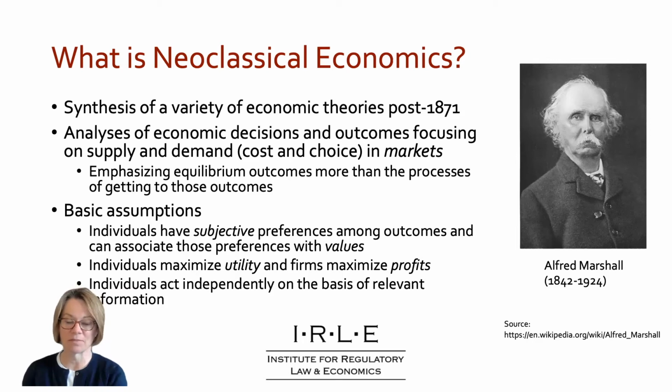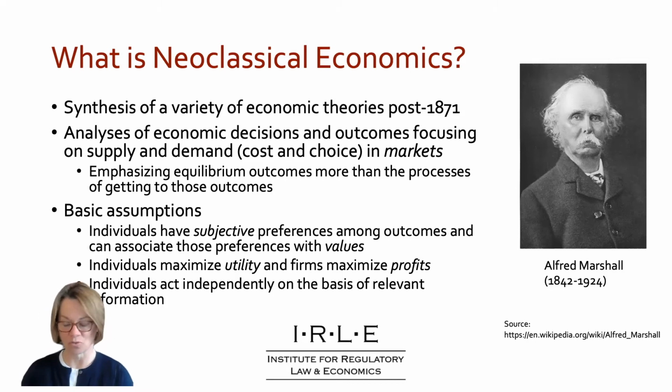The second basic assumption is that individuals maximize utility and firms maximize profits. So think of utility as just a measure of the welfare or the benefit that you get from consumption. And so individuals maximize utility subject to the budget constraint, and firms maximize profits, which means they're trying to maximize revenue and minimize costs.